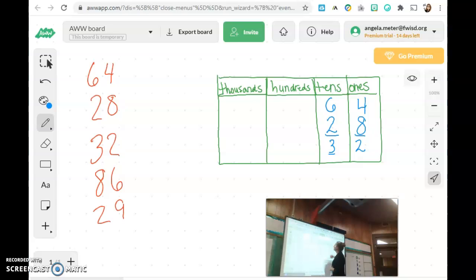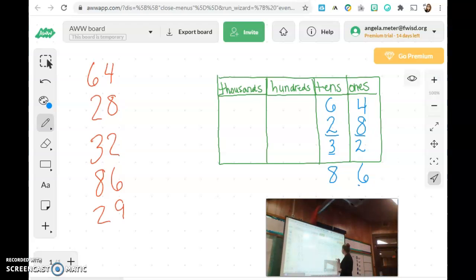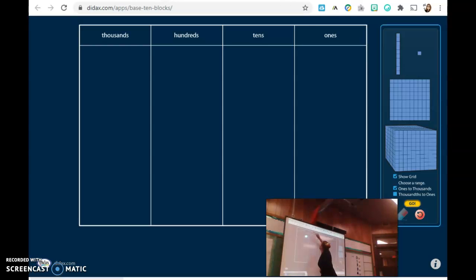Okay, what's next? Next, we have the number 86. So we separate that. 6 goes in the ones, 8 goes in the tens. So next, we're going to switch that out. So we're going to erase. This time I'm going to start with my units. So I said we had 6 ones or units.